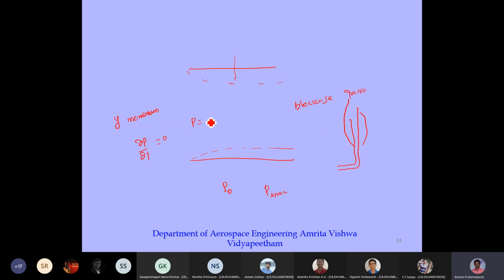That means your P is going to be constant along Y for a particular X location. So whatever the static pressure is in the undisturbed stream, we take it, and we measure only the P naught. From that we get your velocity profile within the boundary layer, and from that we see the thickness of the boundary layer in the test section, where the velocity is 0.99 times U infinity.